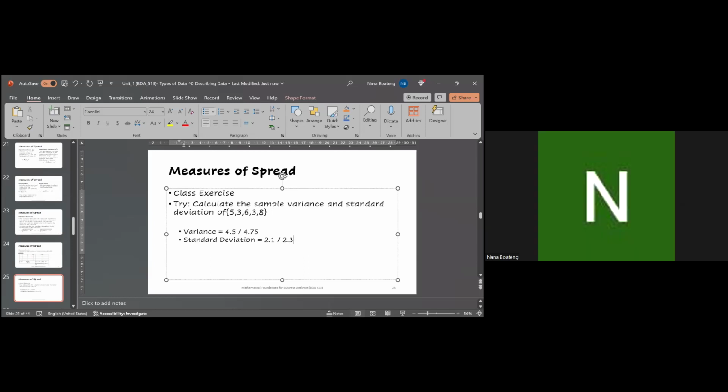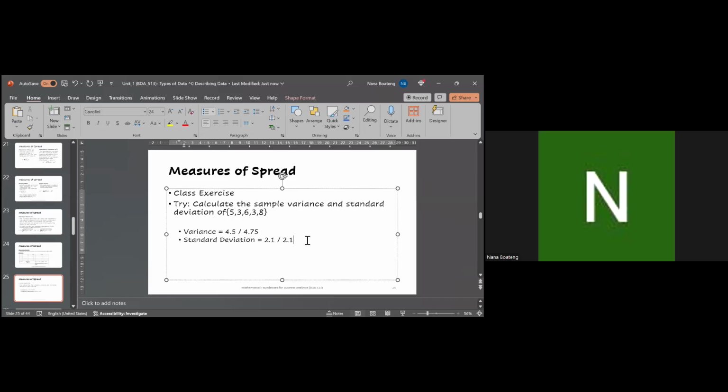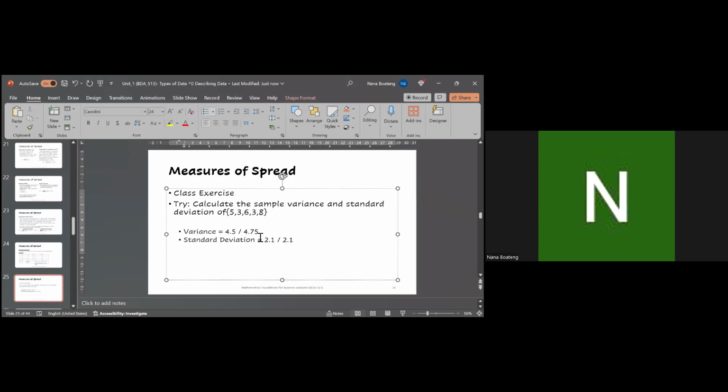Anybody with a different figure? Please, the ladies, I'm not hearing from you. Yes, Anna? My standard deviation is 2.1, not 2.3. Okay, all right. But your variance is 4.75. Okay. Please, any other?